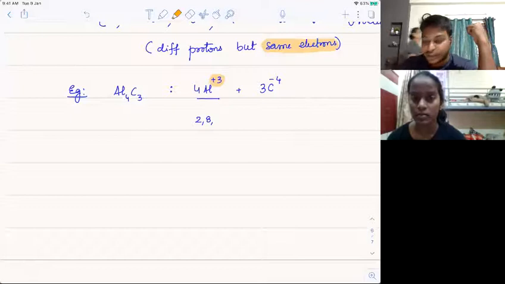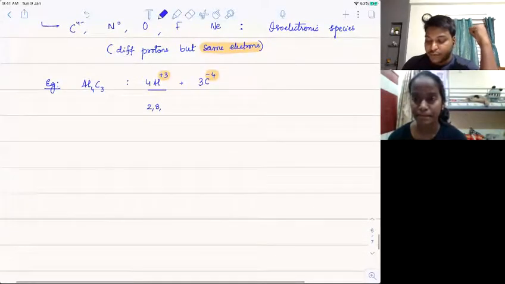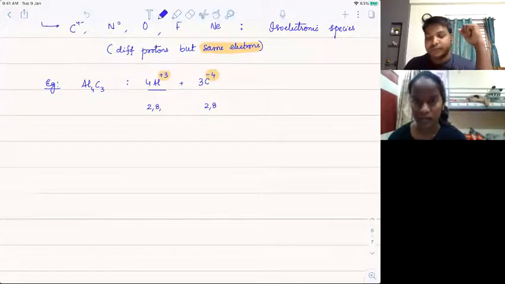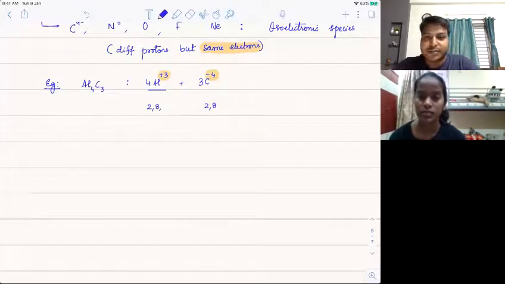On the other hand, carbon was already -4. So both of them have 2, 8 configuration now. One is a positively charged species, the other a negatively charged species, so they would definitely attract each other.